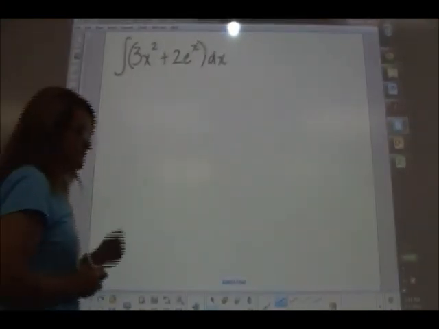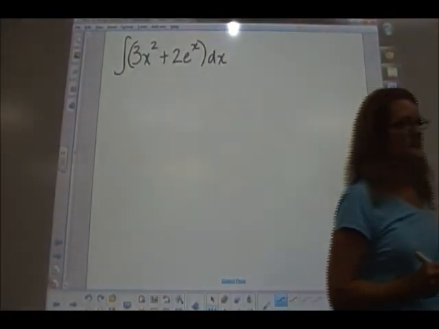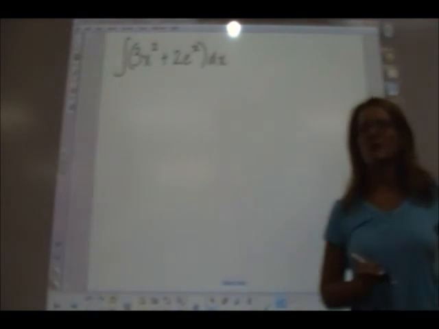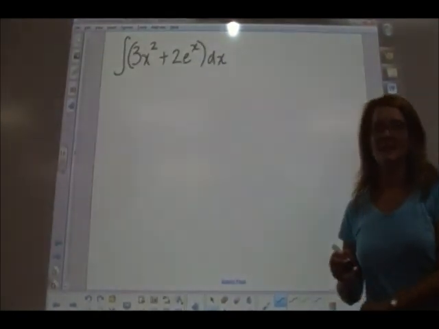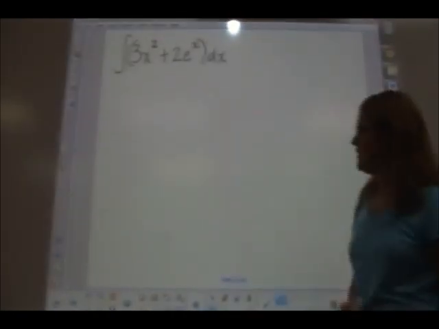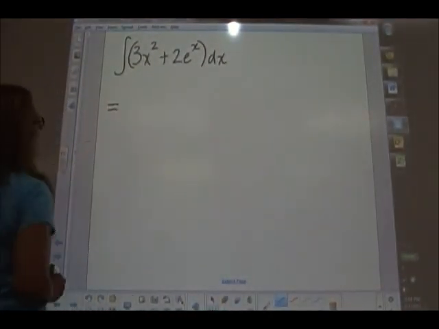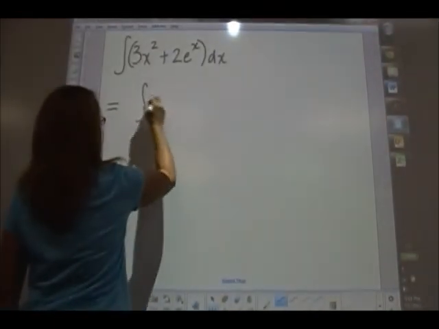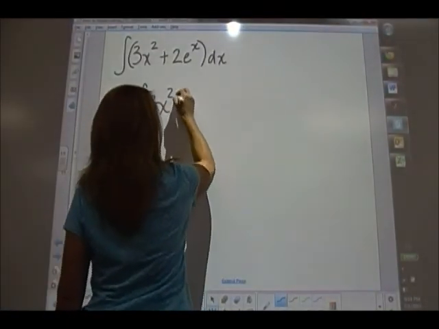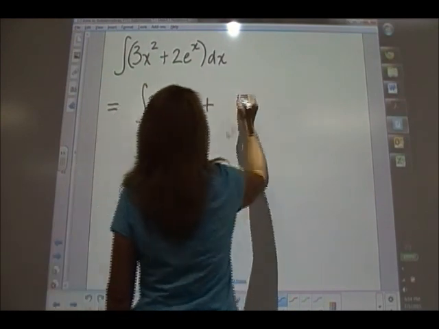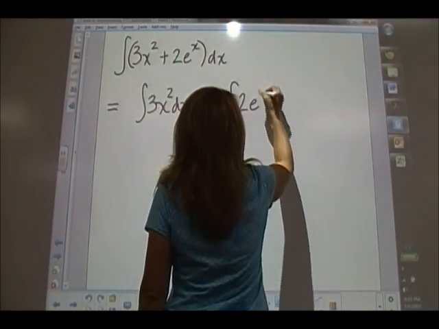All right, how about this one? Basic antiderivatives is what we're doing now. Basic. You're starting to get good at it. Holler out some ideas. What is number 8? Separation plus. Split them up, okay? So I've got the integral of 3x squared dx plus the integral of 2e to the x dx.